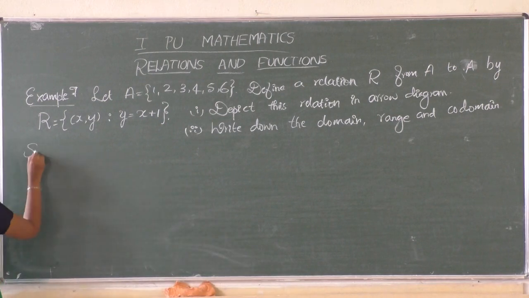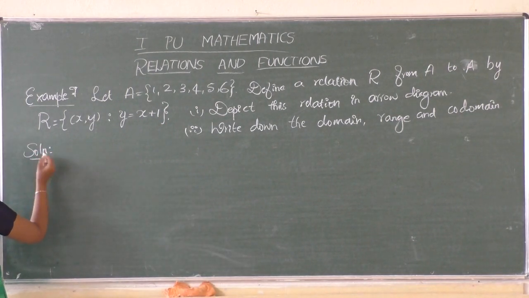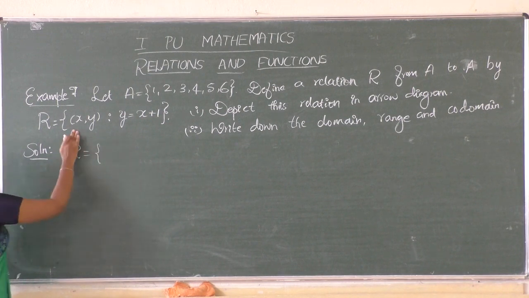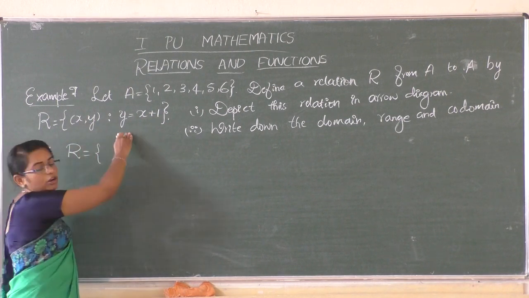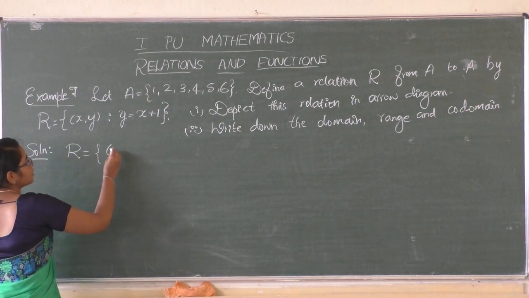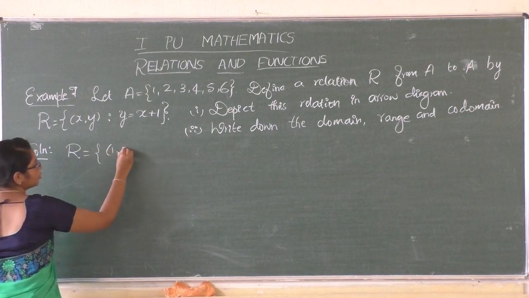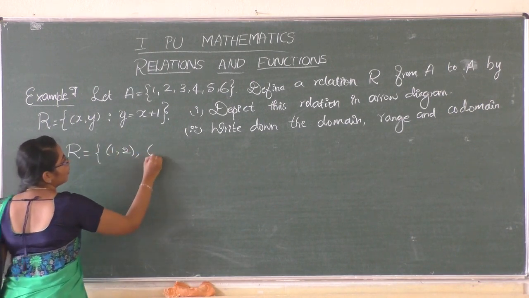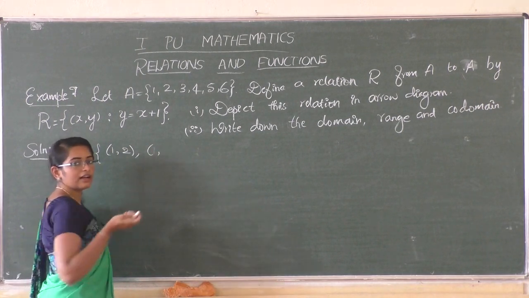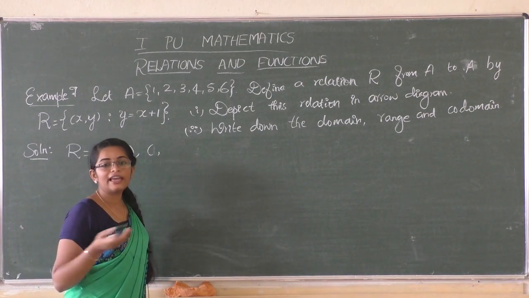Now we shall write what is the relation here. R is equal to the set of all ordered pairs (x, y) such that y is equal to x plus 1. What is it? Tell me. 1, 2. Can I write 1 with any other element here?